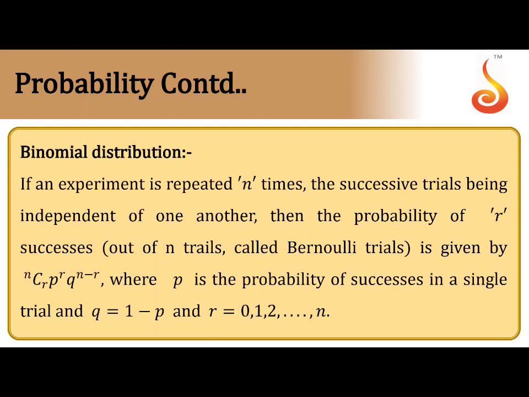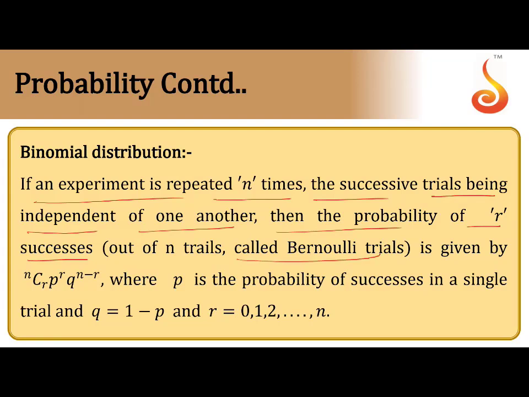So next, binomial distribution, after the general random variable distribution. Now binomial distribution. If an experiment is repeated n times, the successive trials being independent of one another, the probability of r successes out of n trials, called Bernoulli trials, is given by the formula nCr p power r q power n minus r.